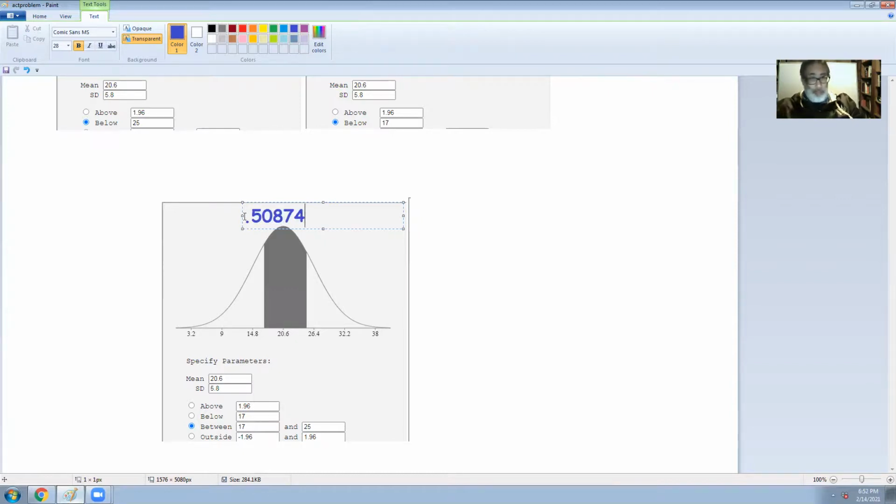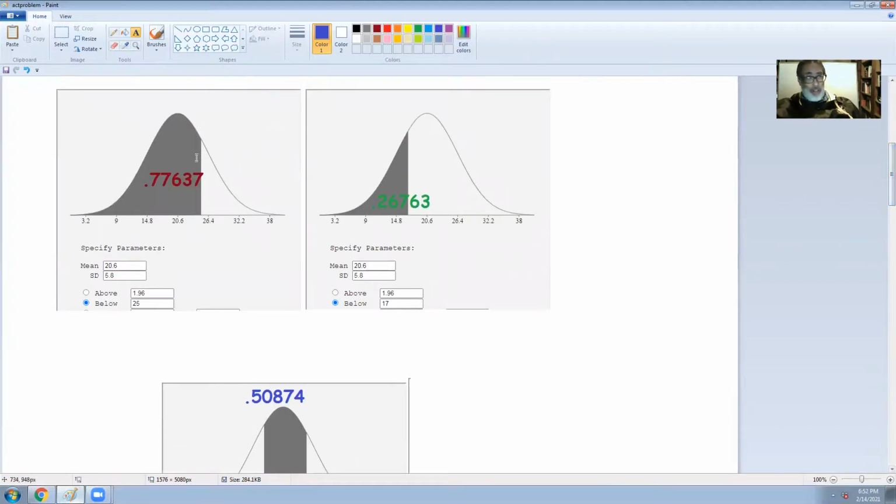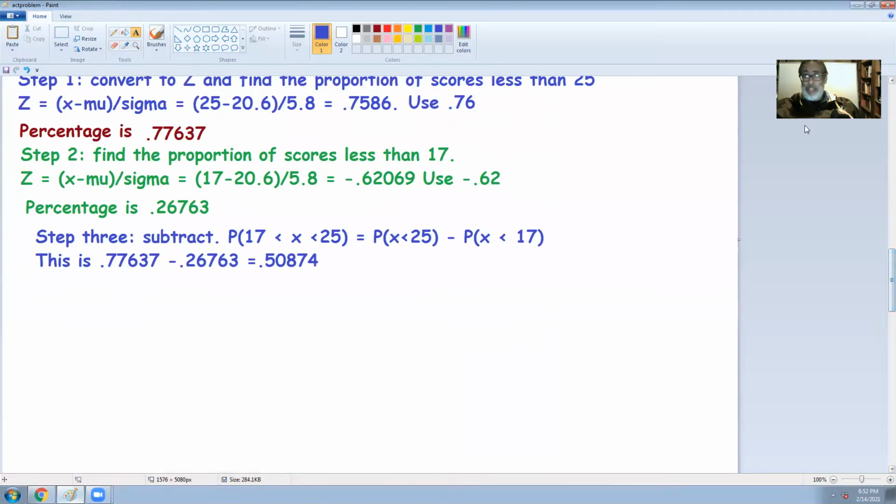Again, what you did is you took all this area and you subtracted this area here. You can see where the numbers are. So that's how you do such a problem. And stay warm, and thanks for watching.